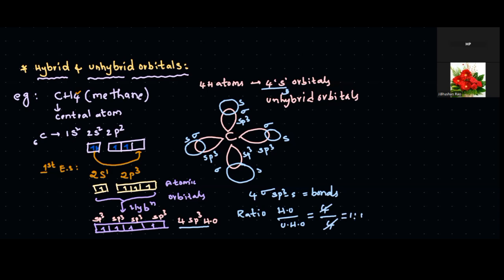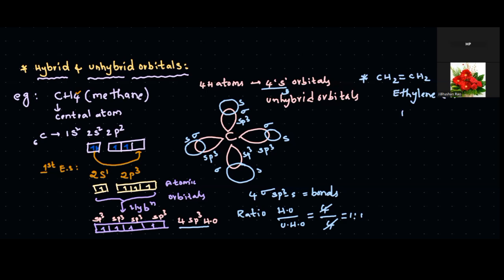The next example is CH2=CH2. This molecule is called the ethylene molecule, or the other name is ethene also.